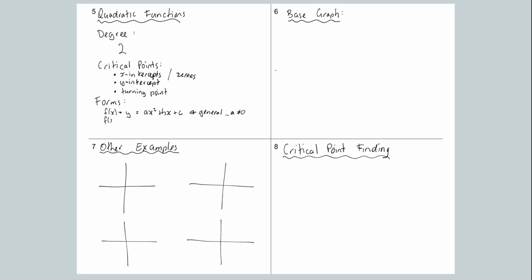The other one is f of x, or y, is equal to a outside of (x minus h) all squared plus k. That's called turning point form. h and k are any values including 0. a can't be equal to 0. So it goes for that as well.